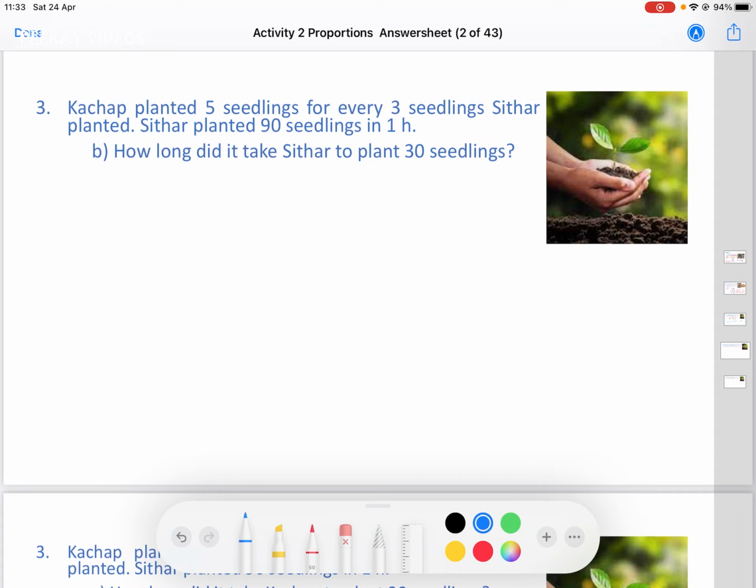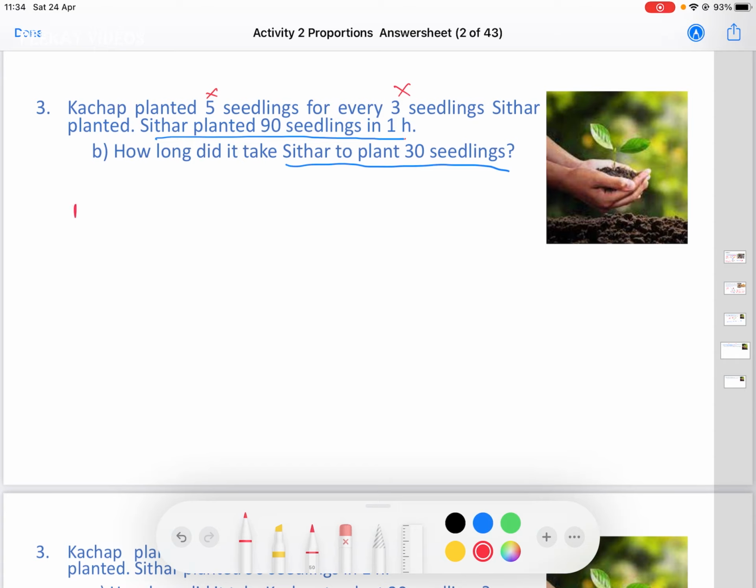Question number 3 again, part B. How long did it take Sithar to plant 30 seedlings? For Sithar to plant 90 seedlings, it took 1 hour. Now, for same Sithar to plant 30 seedlings, how long does it take? Here, now the comparison is between the number of seedlings and time, not Kanchap to Sithar.